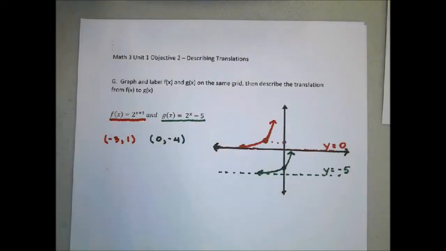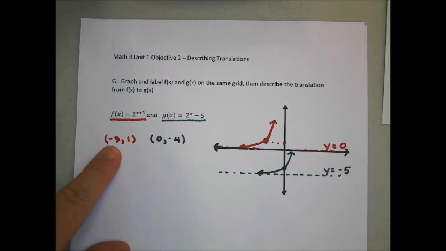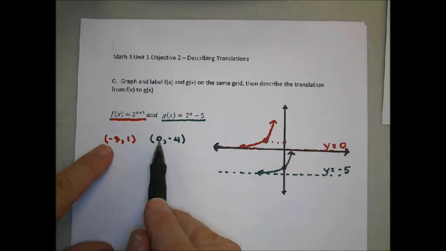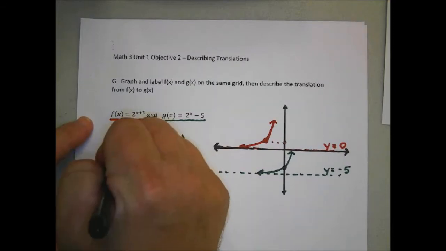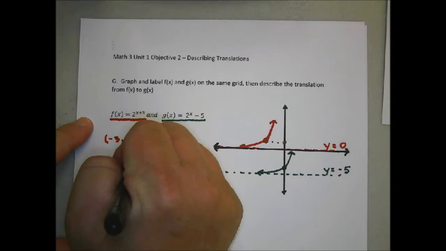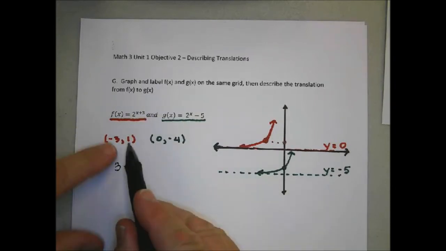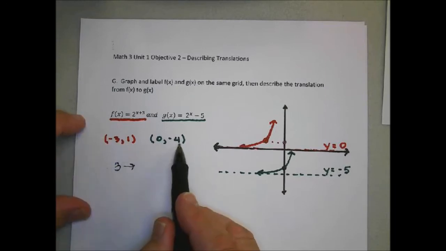So then you can ask yourself, what does it take to get from negative 3 to 0 on the x-axis? Well, it takes 3 units to the right. And what does it take to get from positive 1 to negative 4 on the y-axis?